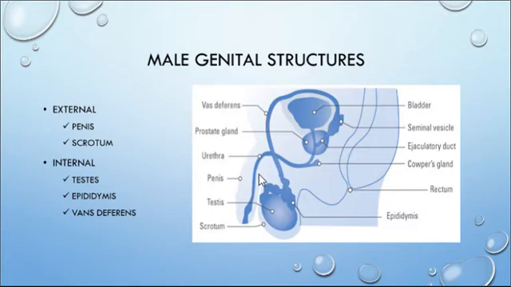Your penis, this is your urethra, and your testicle inside your scrotal sac. Epididymis coming up and around here, you can get an epididymitis, which is an infection in this area here.